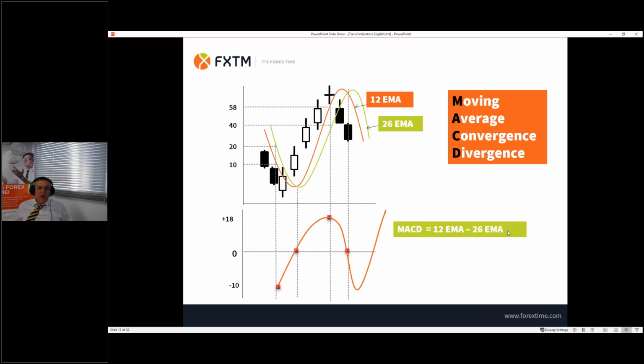Of course, you don't have to calculate that. Everything is done automatically for you, but it's better to understand the calculations so you can trust these tools. And then, if we take a 9 simple moving average of the MACD itself, we get this dotted line, which is called the signal line.